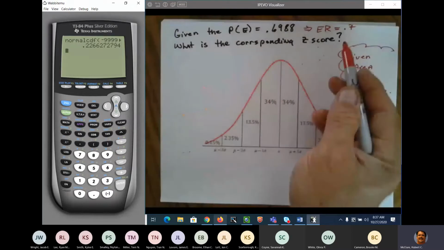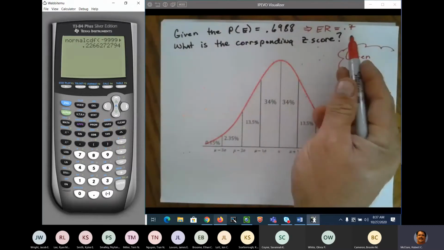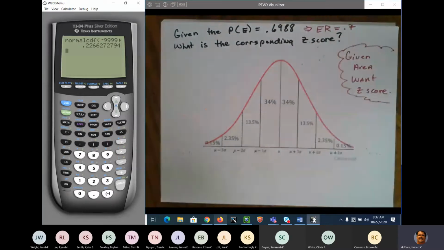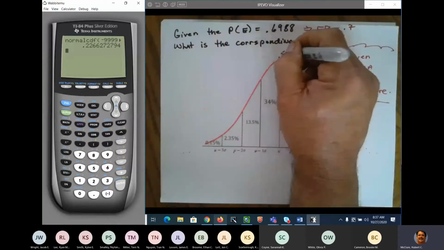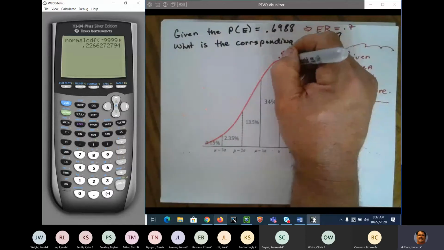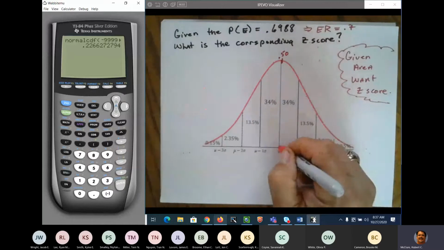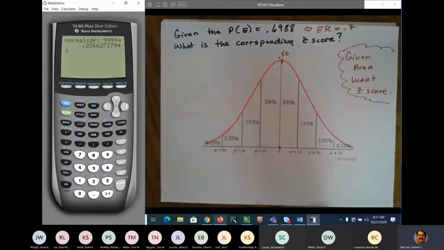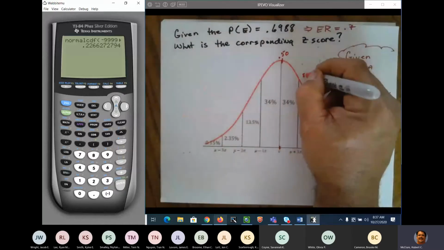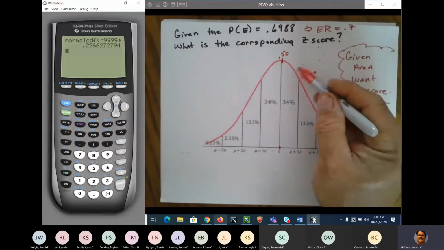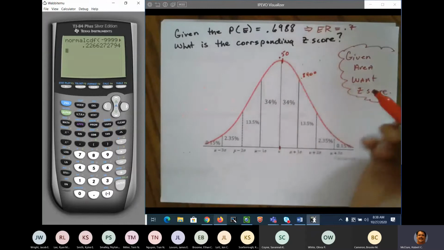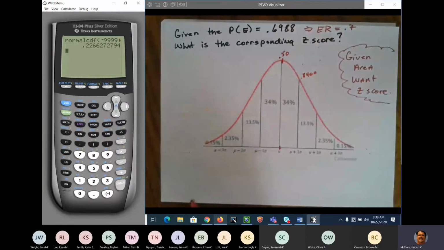So I'm just going to raise it. For the empirical rule, I'm going to use 0.7. This is 0.5, halfway, so I think we understand that. And this is 84%, 0.8400, because 34 plus 50 is 84, and we read from left to right.